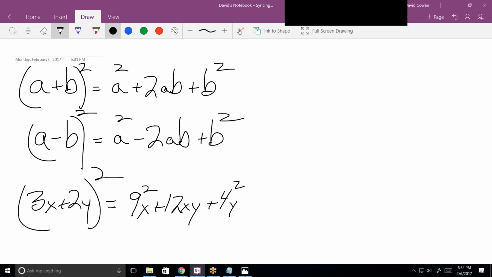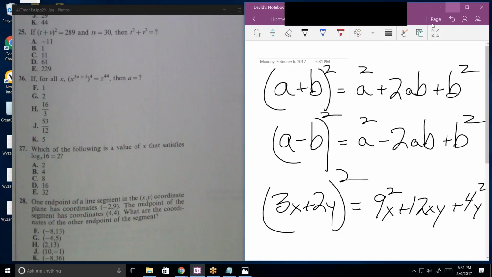But definitely worth knowing if for no other reason than that it makes it easy to square binomial terms. Notice that it was relatively easy for me to square that rather complicated binomial term by following the formula.